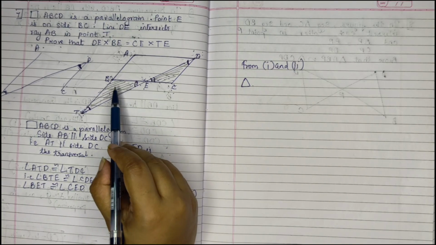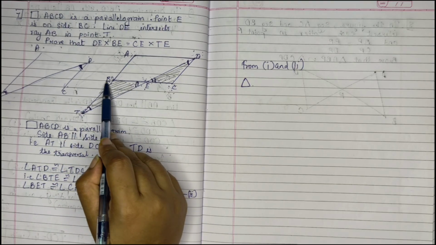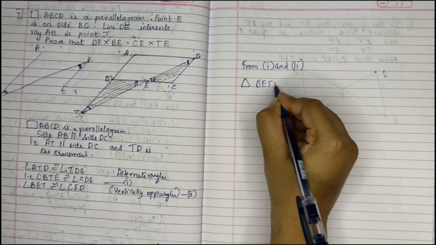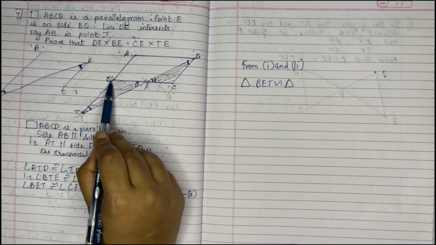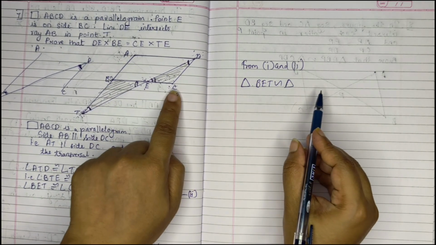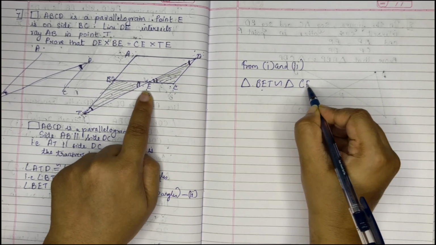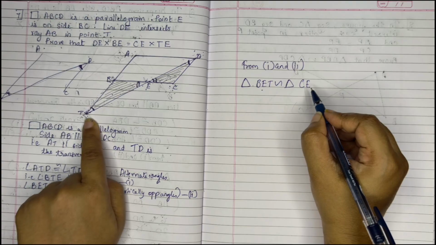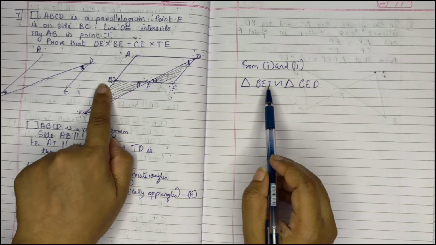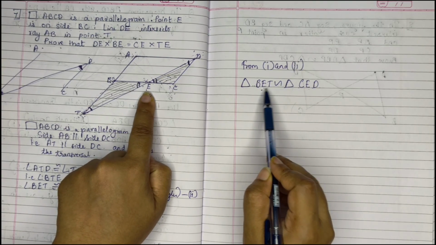Now write the sequence of the triangles in order. Triangle BET is similar to triangle CED. B is your first, then here you have to take C. Next is E, E is common for both.